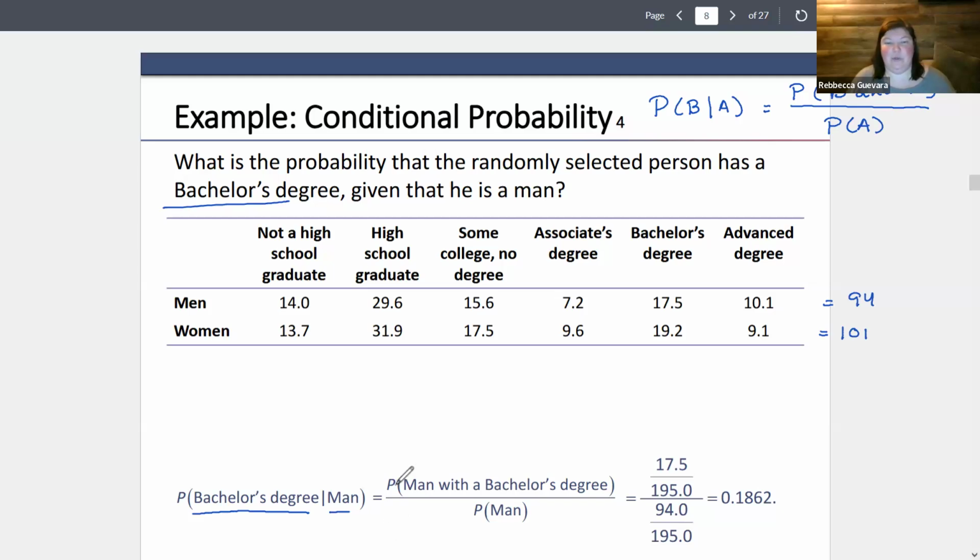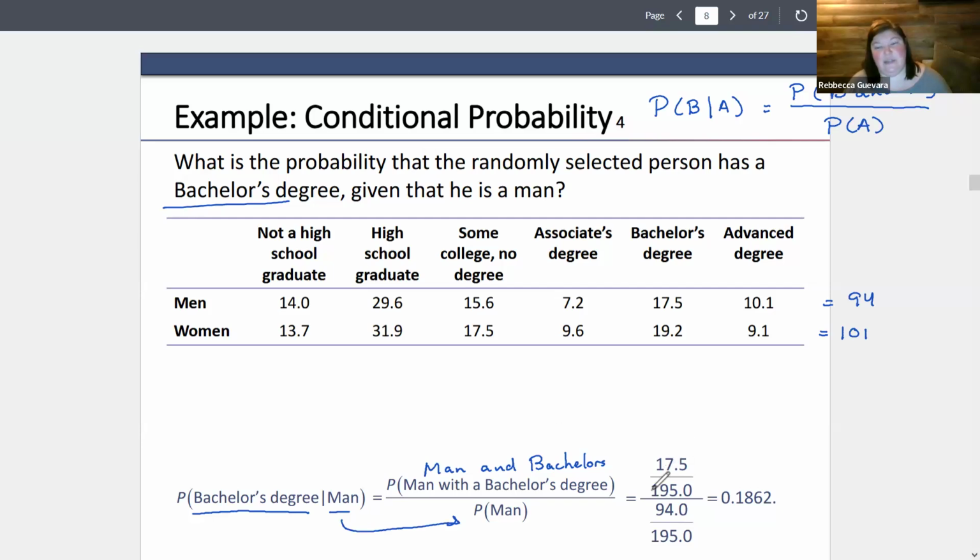Okay, so a man with a bachelor's degree, we know that's going to be 17.5 out of 195. Remember, this is actually man and bachelor's degree as well. And this is divided by the probability that they are a man. The probability of B and A over the probability of A. The given event is always going to be at the bottom.